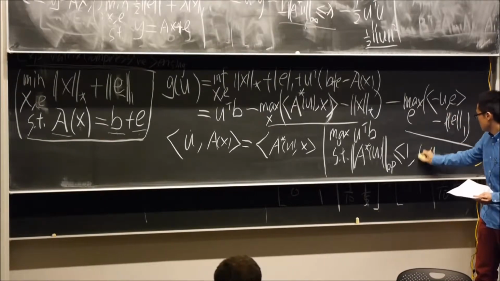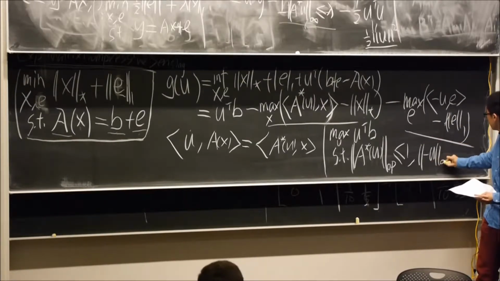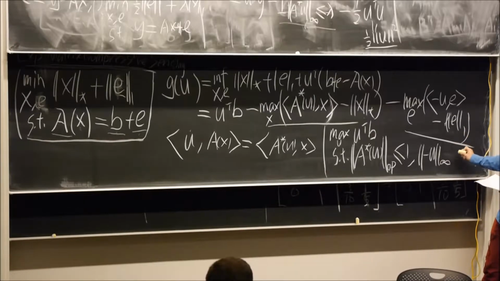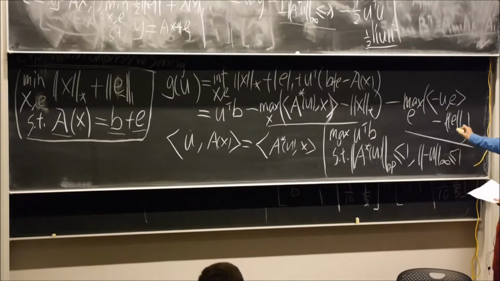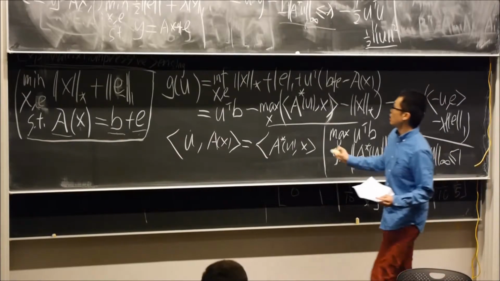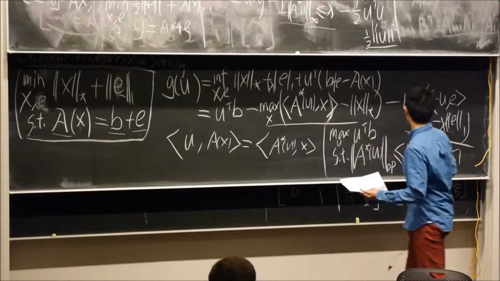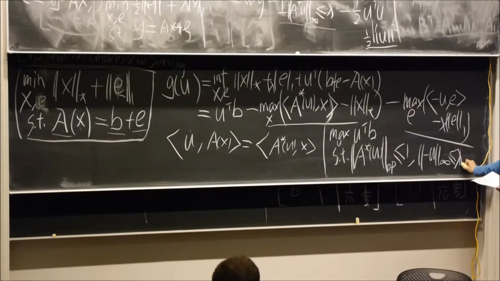So I write the 1 norm's dual norm, the infinity norm, is smaller than 1. If this has a lambda, then we replace the 1 by lambda here.